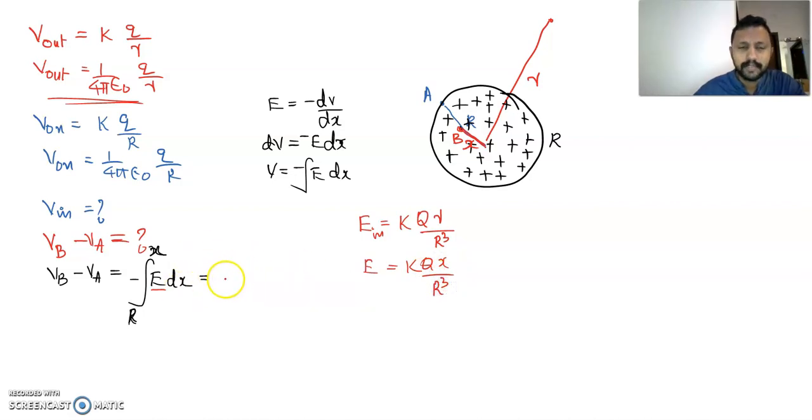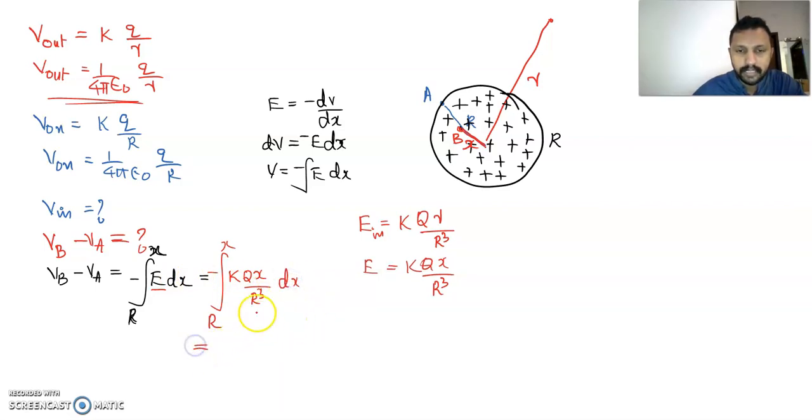Then let's substitute for E in this case, and we will get integral R to x, minus sign, then instead of E, kqx divided by R cube dx.